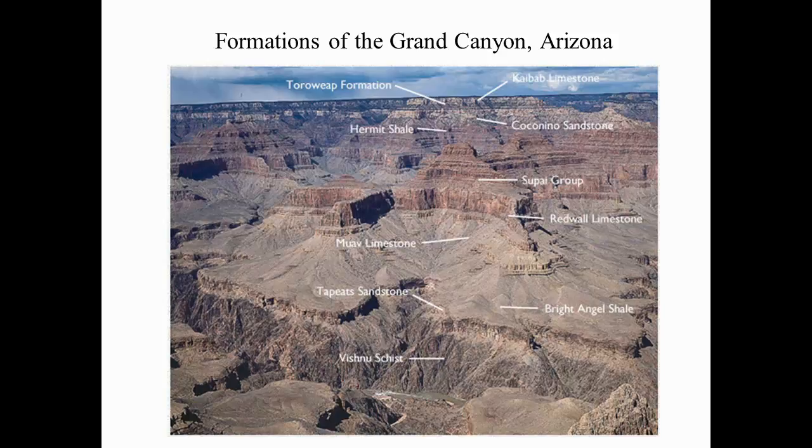We have to use some other factor. At the very bottom, we have the metamorphic rocks, the Vishnu schist, through which the Colorado River is presently downcutting. The Redwall limestone was probably named simply from the color of the limestone. It's kind of a reddish limestone.